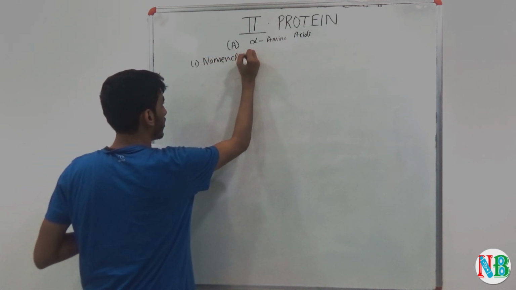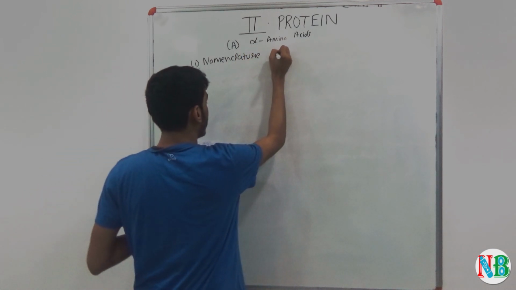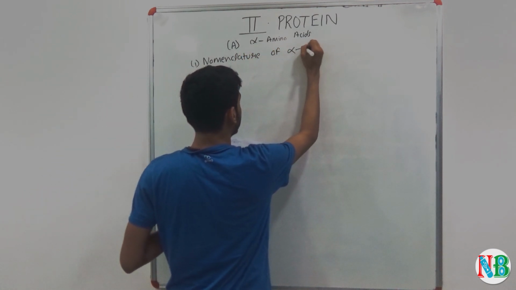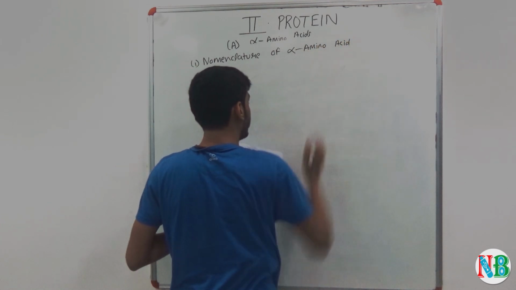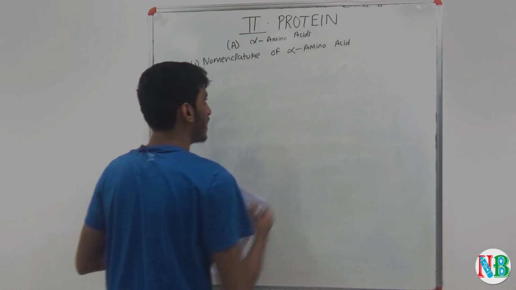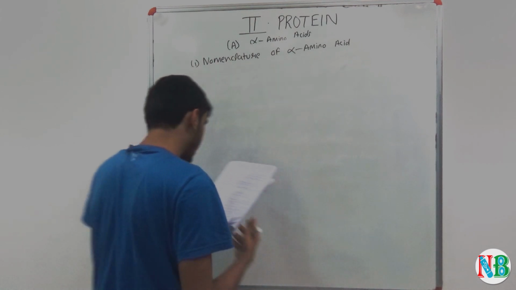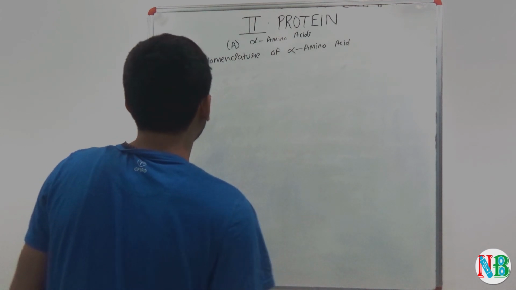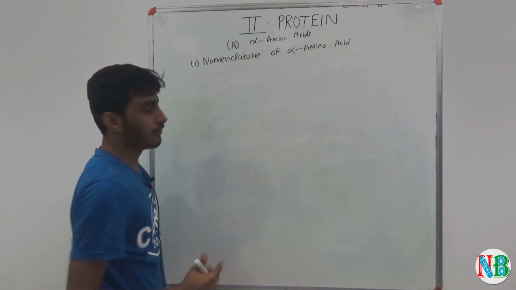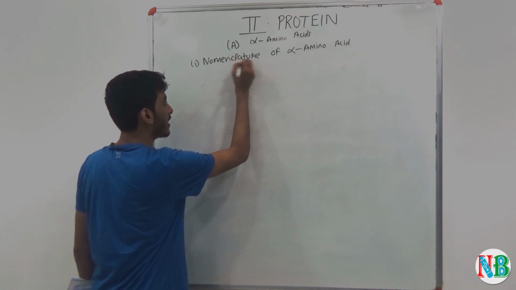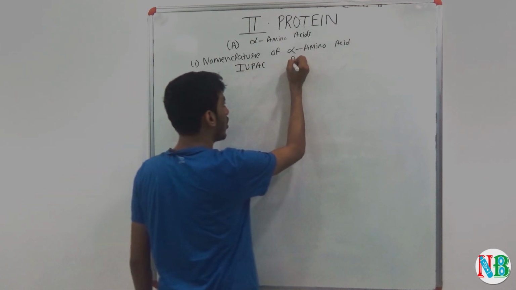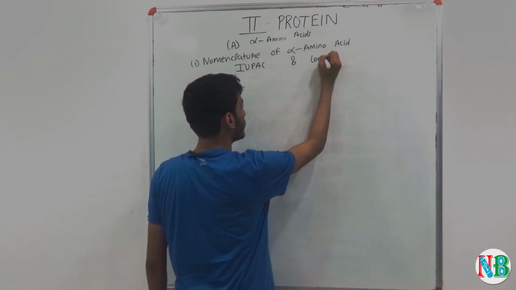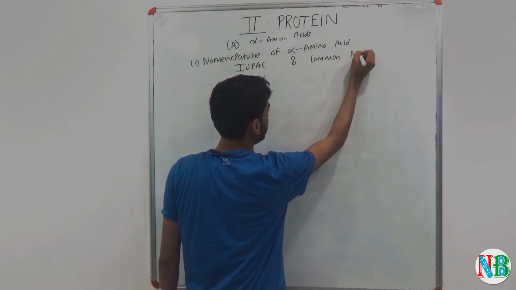Nomenclature of alpha amino acids. It is actually the way you name the alpha amino acids. How to name them? We all know one thing, that the names are either IUPAC names or common names.